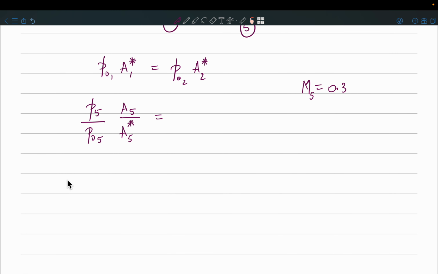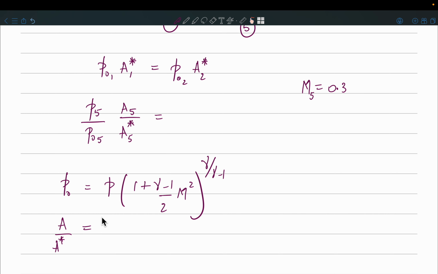So just do this calculation: P naught is equal to P into 1 plus gamma minus 1 by 2 M squared to the power of gamma by gamma minus 1. And you have A by A star. I don't exactly remember the relation of A by A star with Mach number. Can you tell me the equation?